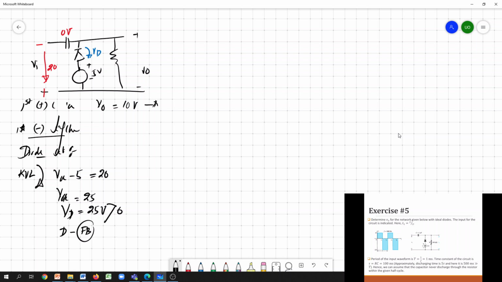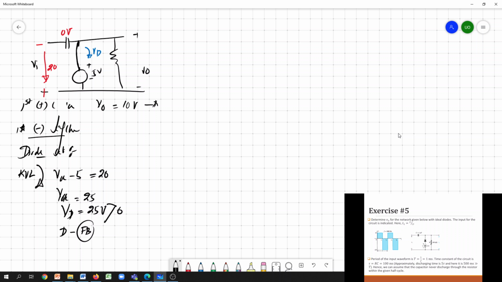So now this diode should be forward bias. So once it is forward bias, the diode acts as a short circuit element. So this is short. So then what happens to the capacitor? If we consider the capacitor, we basically apply 25 volt across this capacitor.